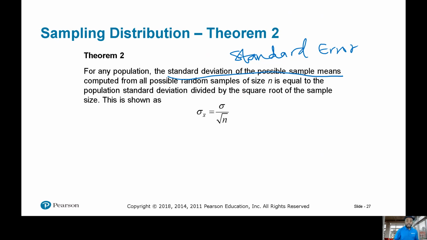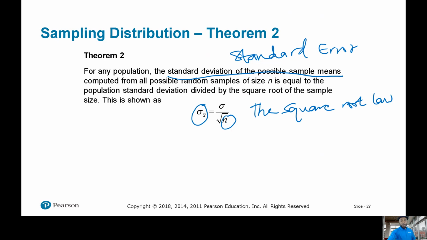This is known as the square root law. As n increases, the standard error decreases.